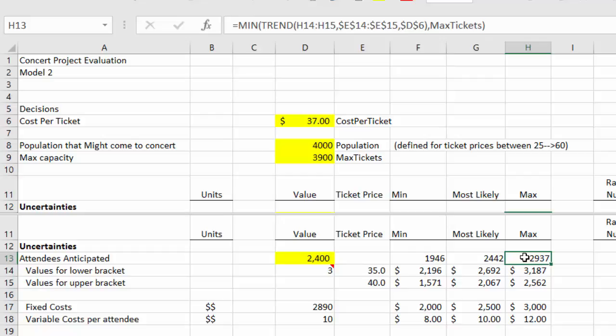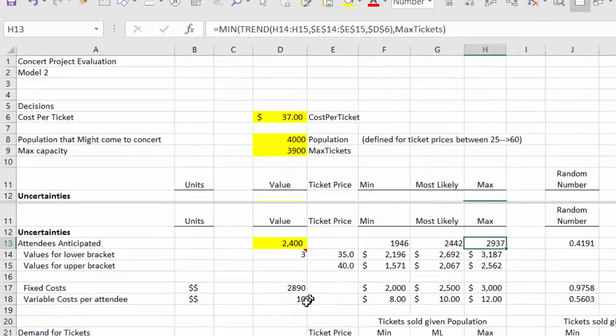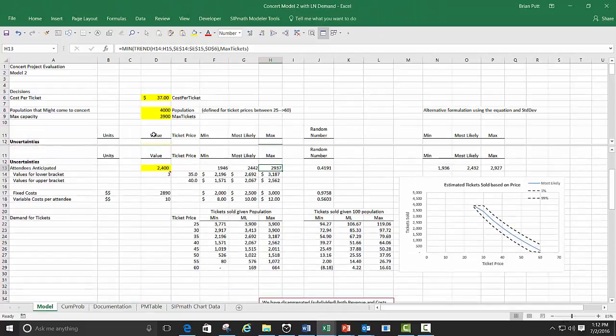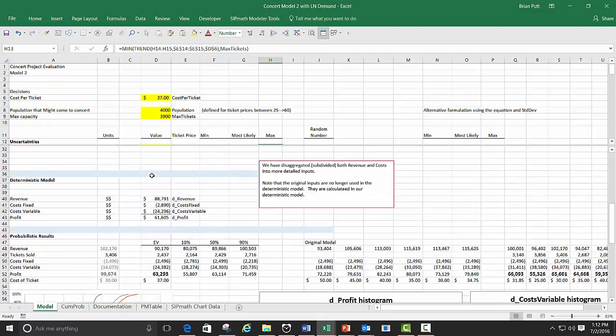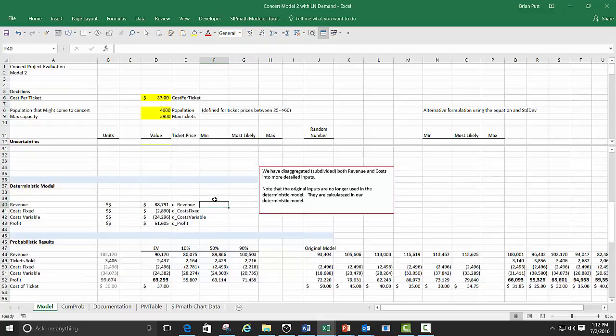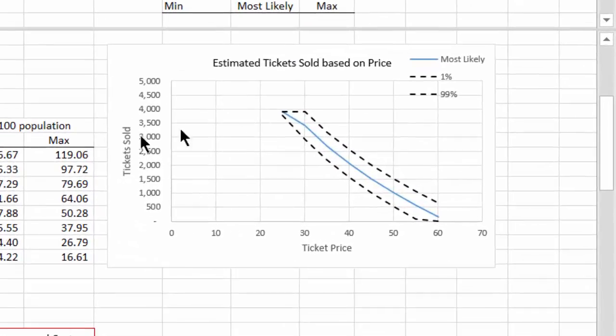And the SIPmath model has already calculated the distribution. And so at $37, my expected value is $63,293. Oh, we ought to come back here and look at one more thing. Look at this graph over here.